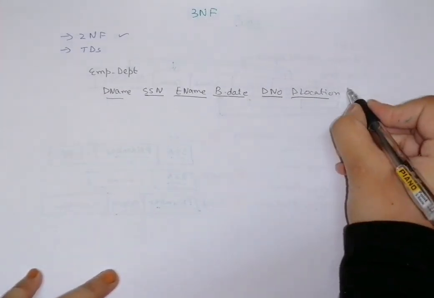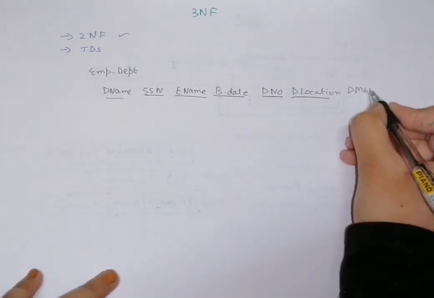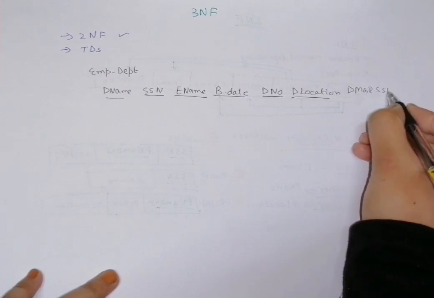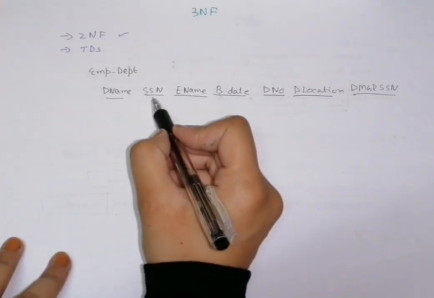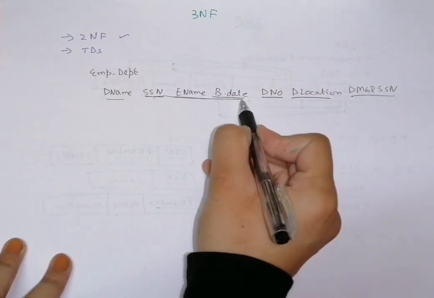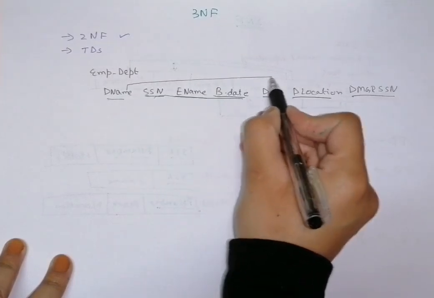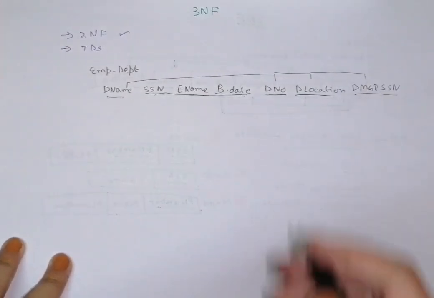You may add, let's say, department manager SSN in order to complete this table. So this relation comprises two different types of data. One is of employee and another one is of department. These three are of employee, whereas this one and this and this are of department.